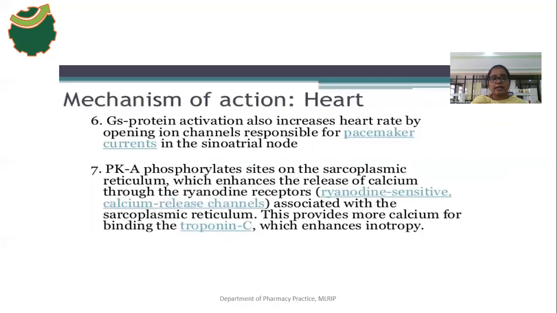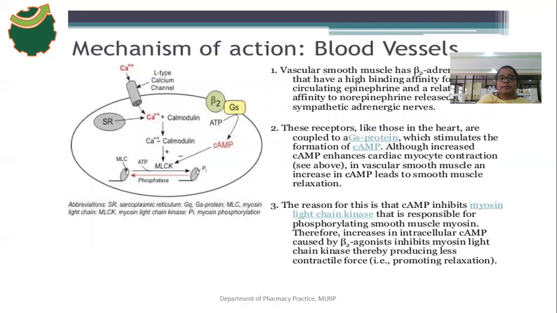Okay, and beta adrenergic receptors' mechanism of action on blood vessels. What kind of muscles do blood vessels consist of? Vascular smooth muscles are present in blood vessels. And what kind of adrenergic receptors are present in vascular smooth muscles?